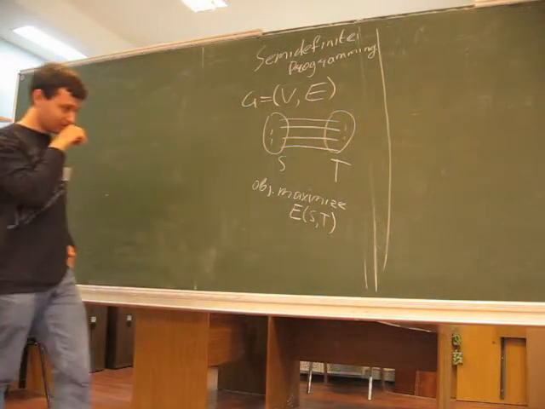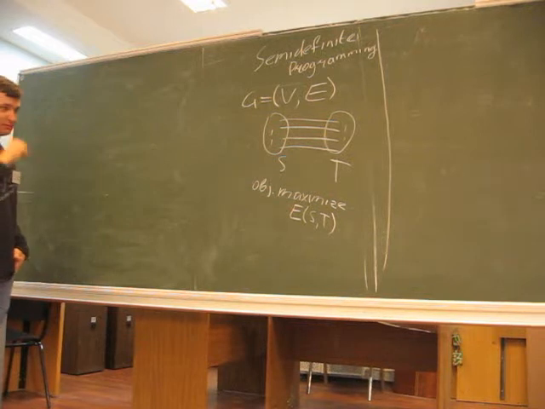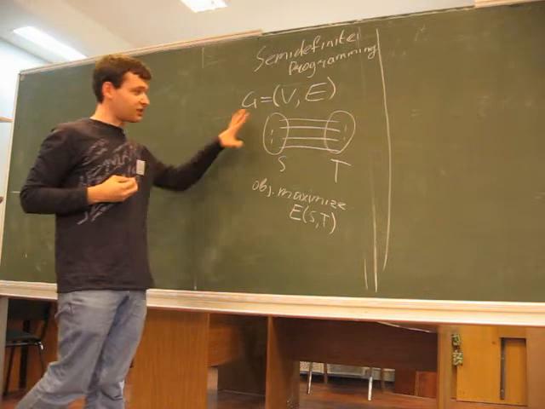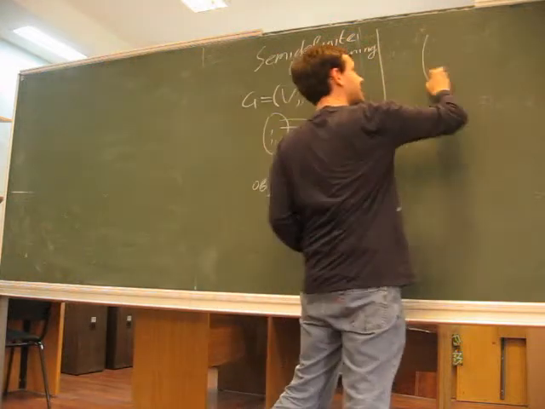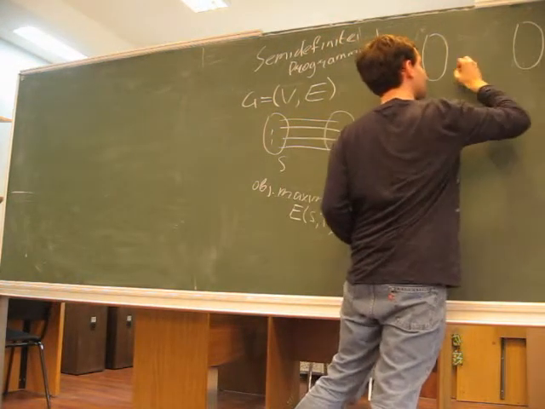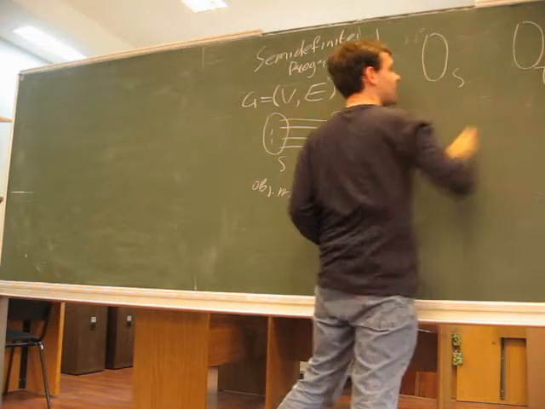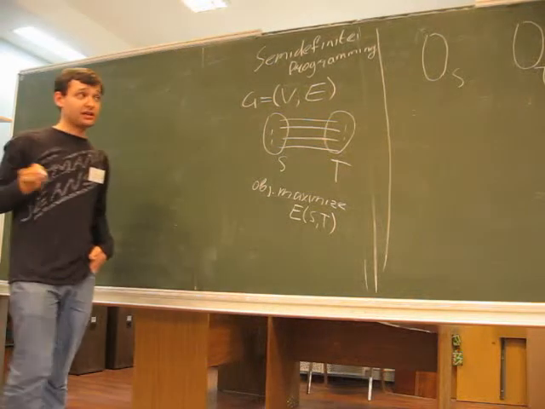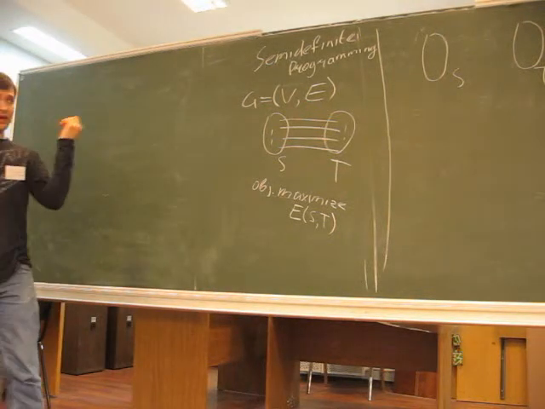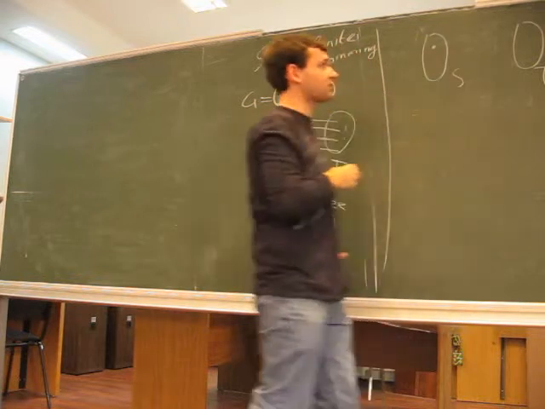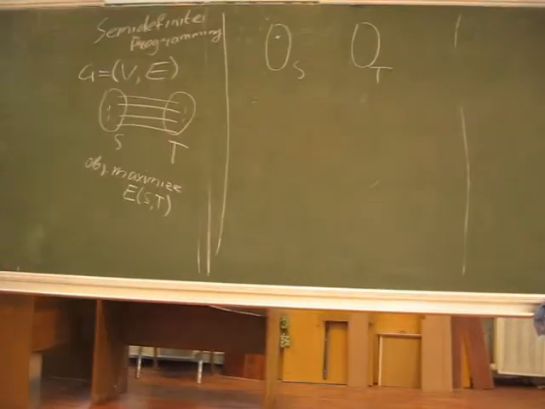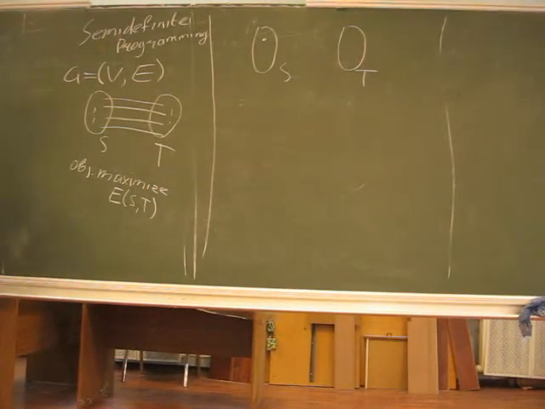So how can we solve this problem? Let's just try a greedy algorithm. Let our sets S and T be empty initially, then pick one vertex after another and put it into S or T. So we put the first vertex in S, then what shall we do next? We have another vertex.